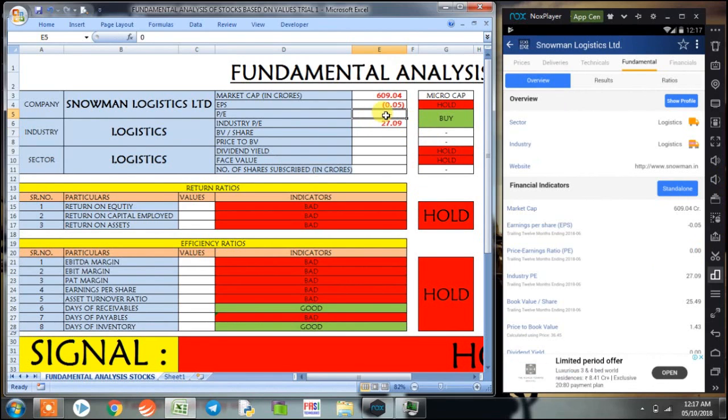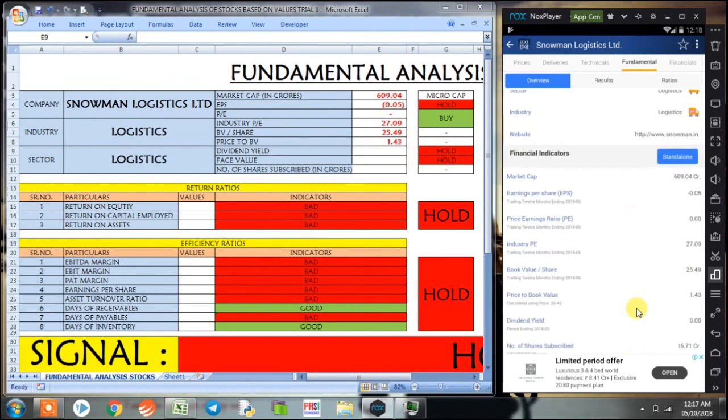Now because the PE of Snowman Logistics is 0 and industry PE is 27.09, even if the company gets into positive EPS, it has got a good play of 27 basis points. So for that reason, it has given us a buy signal. Okay. Now the book value of the company is 25.49. Price to book value is 1.43.